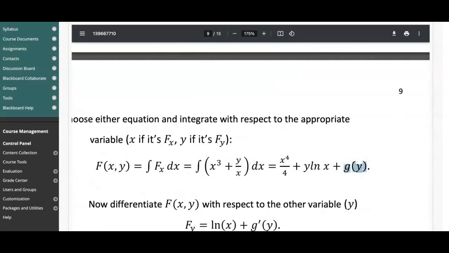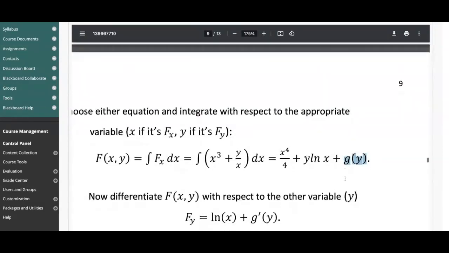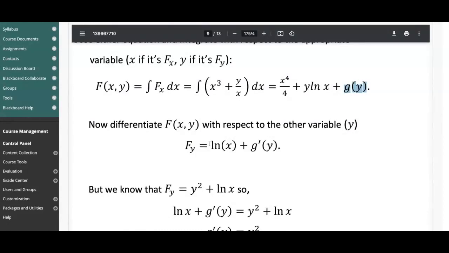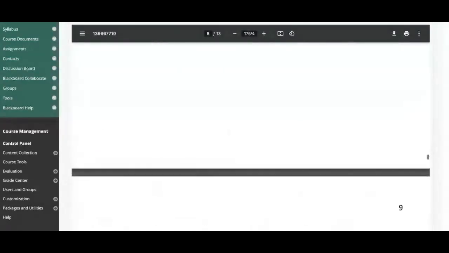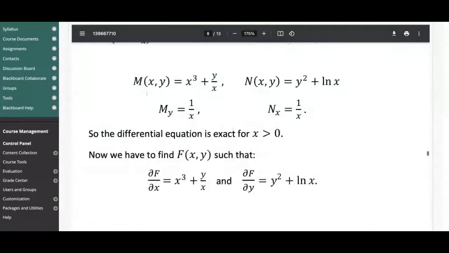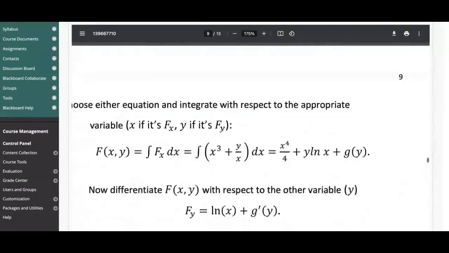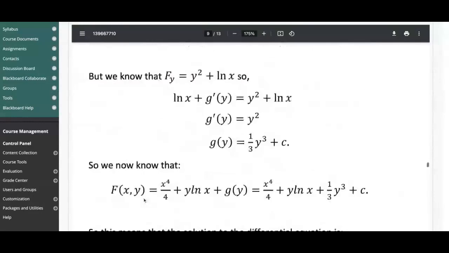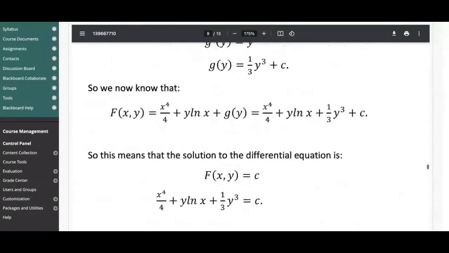Then you add a function of x. Then you take a derivative of that in terms of x. It has to equal M of x, y. So that's another way of solving this. Choose to integrate partial f, partial y. Any questions?